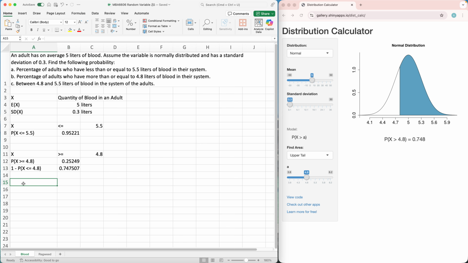Now the third scenario is where we want x to be greater than or equal to 4.8 and less than or equal to 5.5. So pictorially, how do we represent it?